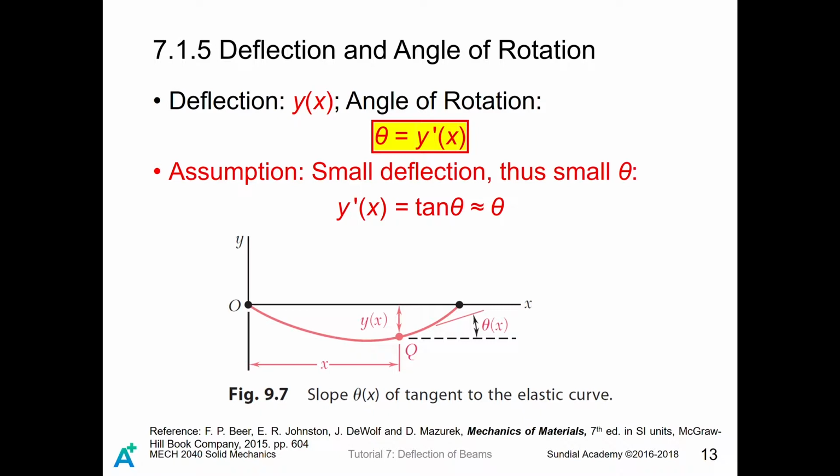Based on the small deflection assumption, which is very important, for small theta, y prime x for any curve originally equals tangent theta. But for small angle, by small angle approximation, it is approximately theta. Then you can write the equation like this.